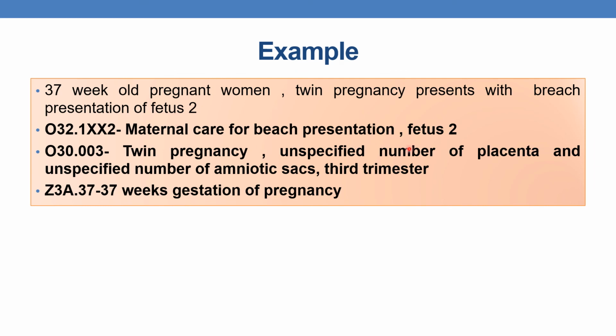Maternal care for breech presentation, fetus 2. And next, because it is a twin pregnancy, you need to code the multiple gestation code O30.003. It indicates twin pregnancy, unspecified number of placenta and unspecified number of amniotic sacs, third trimester. Next, Z3A.37. It indicates 37 weeks of gestation.